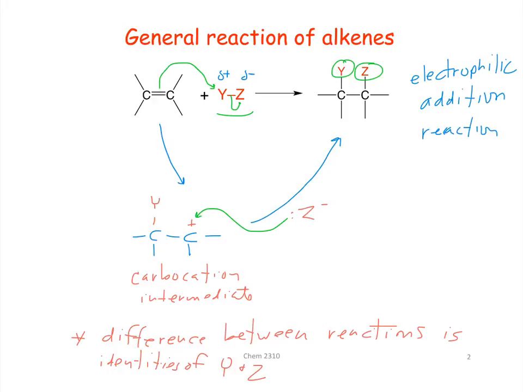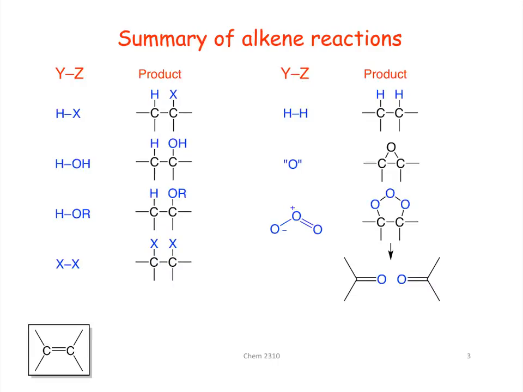Alright, so let's look at an overview now of what each reaction is going to be. So here's a table. For all of them, the reactant is just an alkene shown here. And we'll see sometimes it depends on what's attached to those bonds that are attached to the alkene. But for this first introduction, it doesn't really matter.